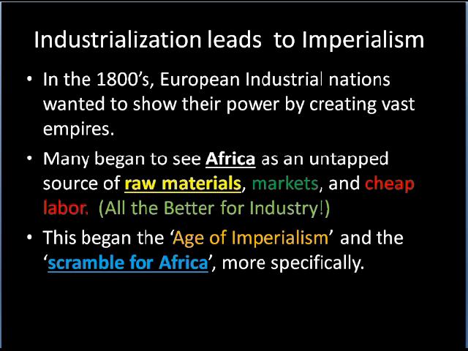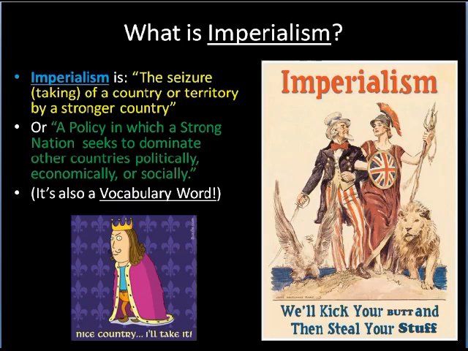So you have, again, raw materials covers land, basically, in the factors of production. You have markets, which creates capital or money to invest in the industrialization, and you have labor, both in paid labor and slavery. So this begins the age of imperialism and the scramble for Africa more specifically, which is what we'll talk about today in this lecture.